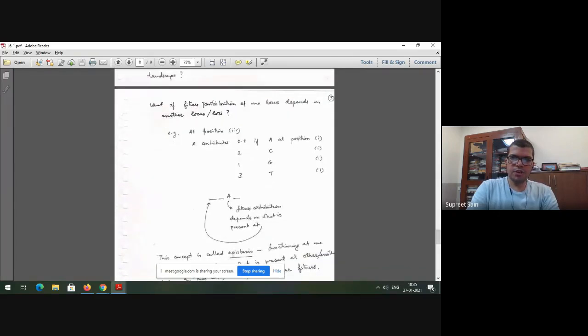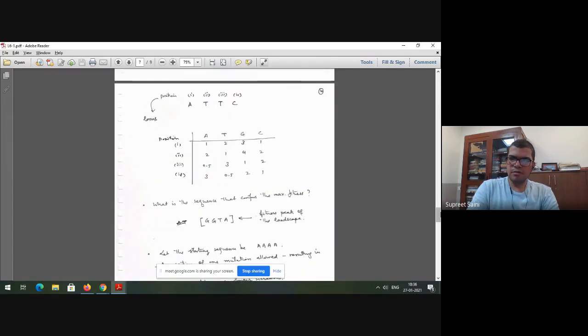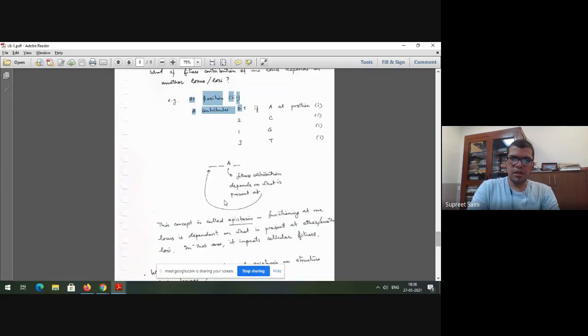On the other hand, we could have a scenario where the fitness contribution of one locus depends on another locus also, which means that at position 3, in this 4-lettered sequence that I'm looking at, the fitness contribution of an A is not dependent on just A itself.